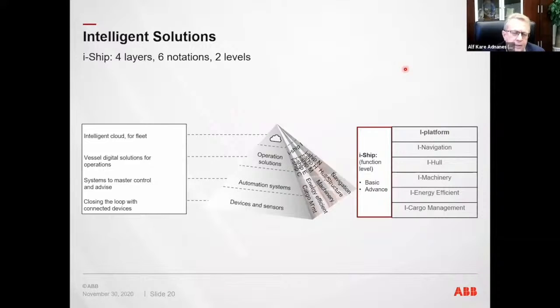And remote access and remote control, that will require also a communication system. So that means that we need to have a communication. In this case, we have drawn this cloud, and that is today's technology to collect information and to share data among the different users of the cloud.